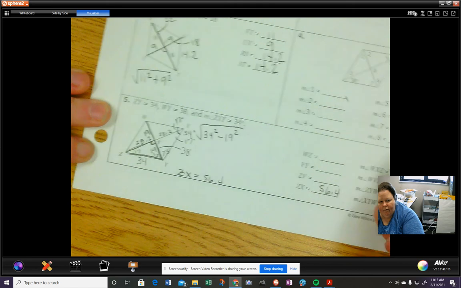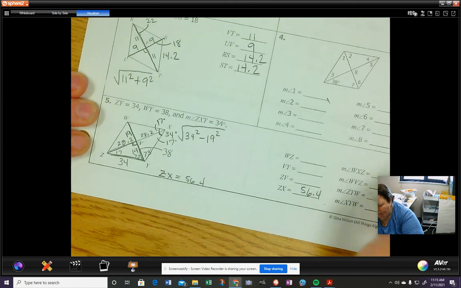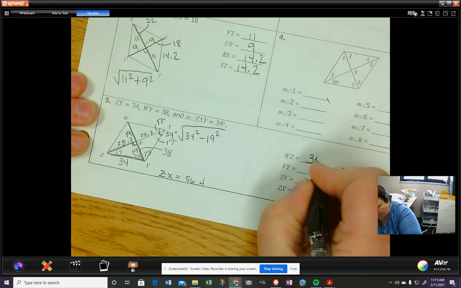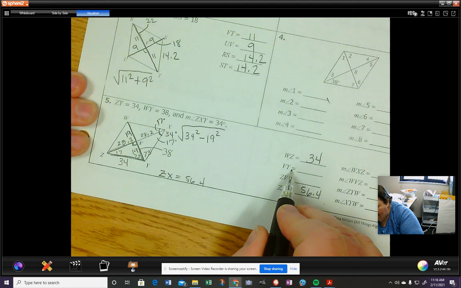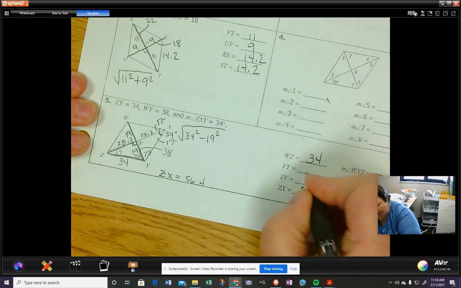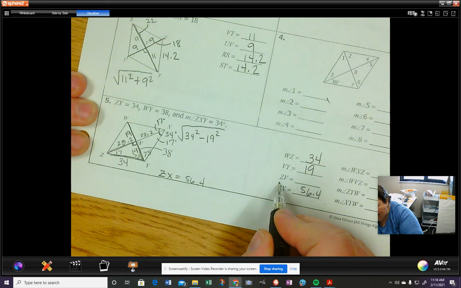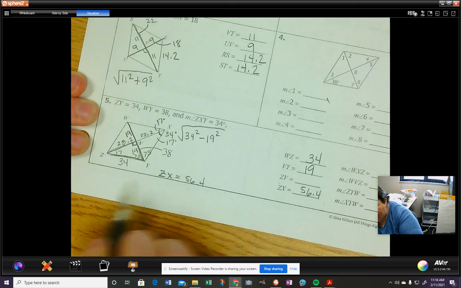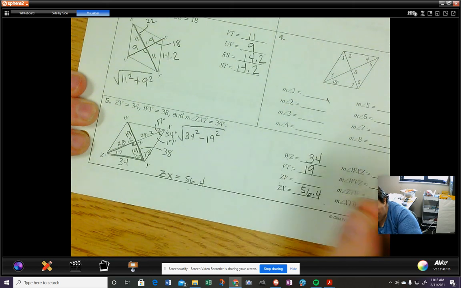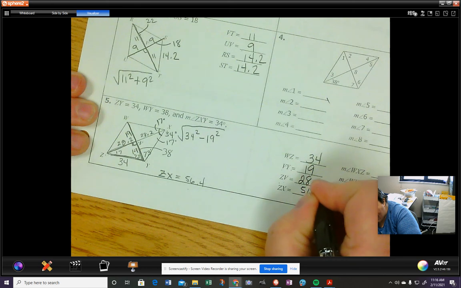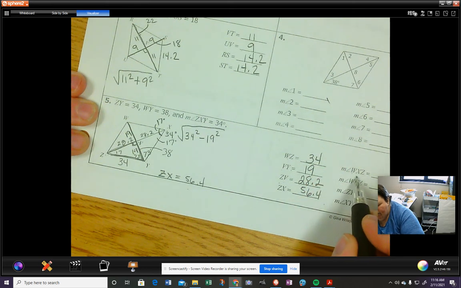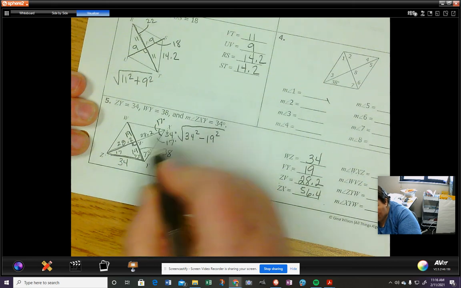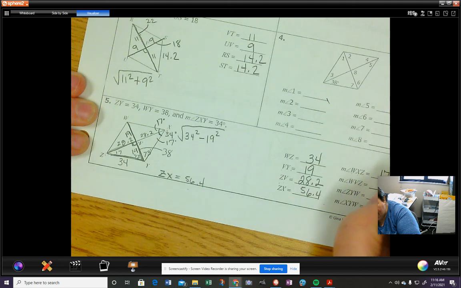So let's write down what we know. We've got a big mess here. WZ is 34. VY is 19. ZV is 28.2. WXZ is 17 degrees.